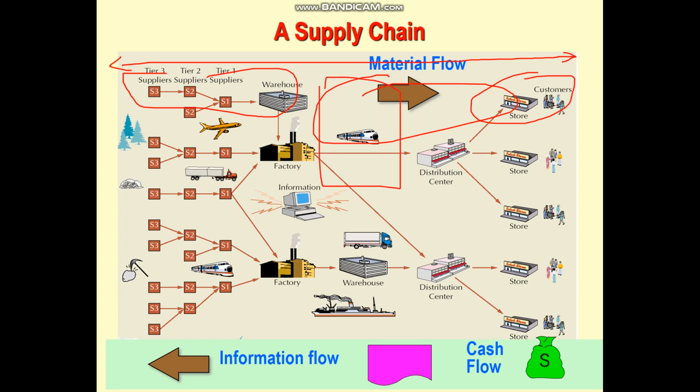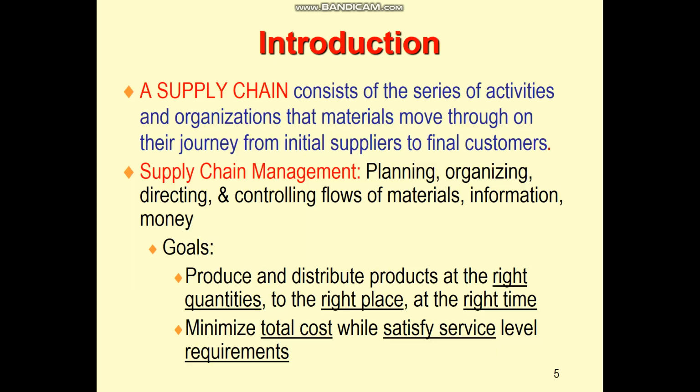If we want to maximize the profit of this supply chain, we have to calculate the sum of profit of supplier, warehouse, factory, manufacturer, distribution center, store, retail, and end user, not only one stage.